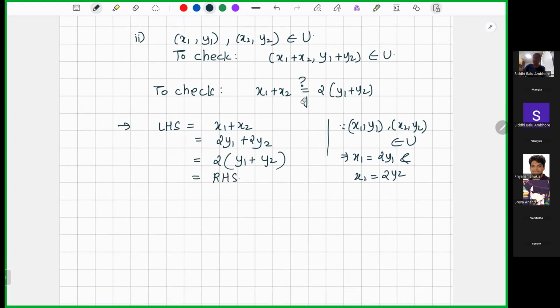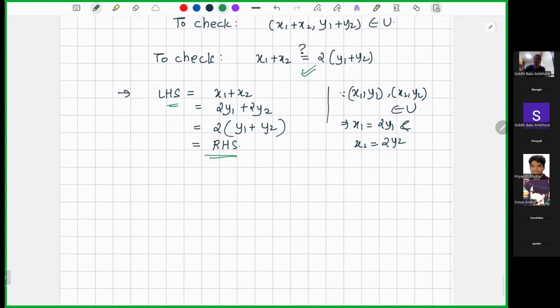So the condition x is equal to 2y is satisfied by the addition of two vectors. Therefore, the second condition is satisfied, and x1 plus x2, y1 plus y2 belongs to my set U.